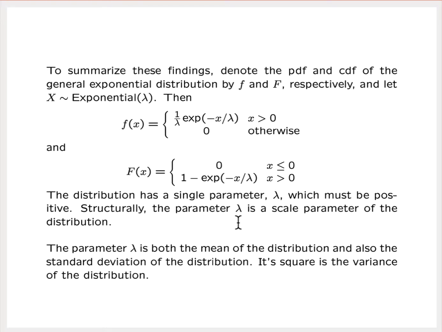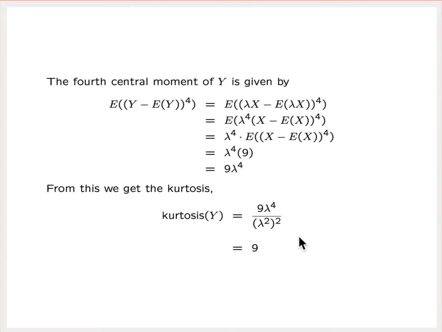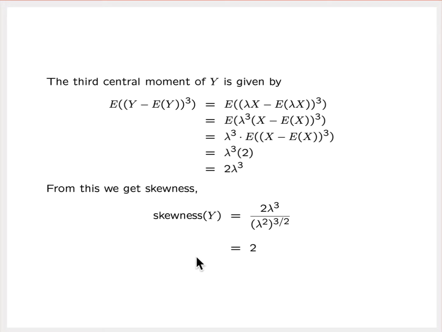Structurally, the parameter lambda is a scale parameter of the distribution. The parameter lambda is also, we've shown, the mean of the distribution. It's the standard deviation of the distribution, and the square of lambda is the variance of the distribution. And not only that, we know that the skewness coefficient for the general exponential distribution is 2.